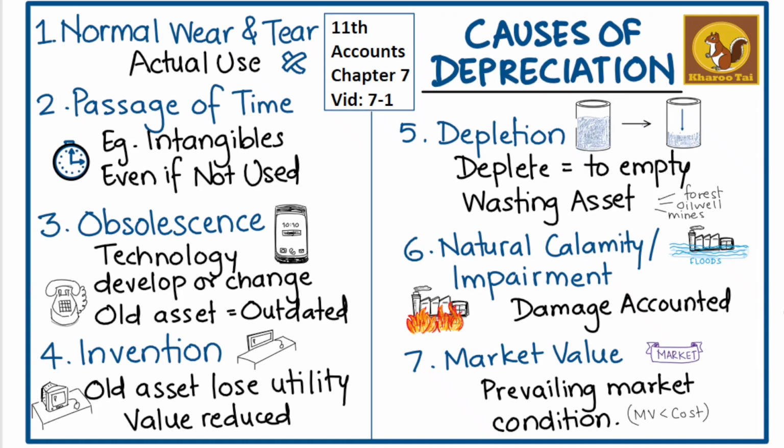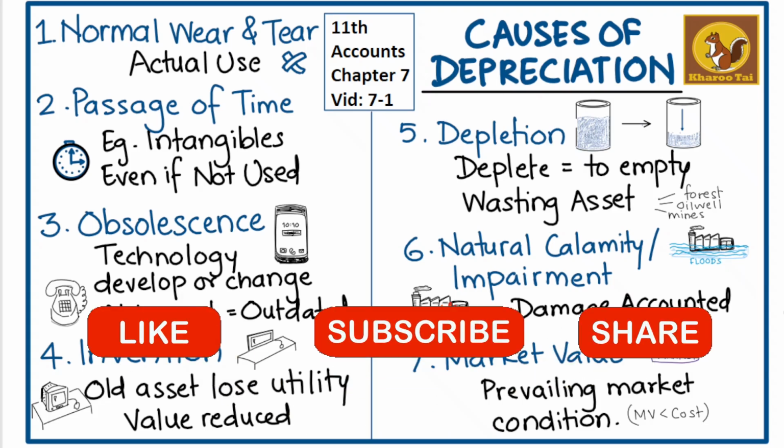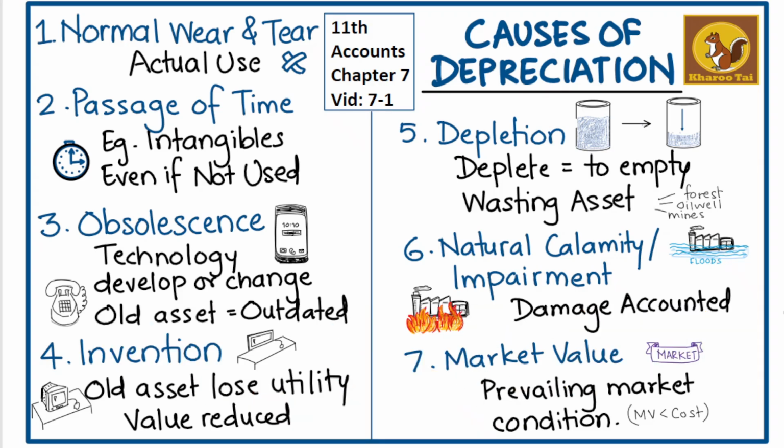So to summarize causes of depreciation, in the sense of what are the reasons where the value of fixed assets gets reduced. The first reason is normal wear and tear, that is actual use of asset. Then is passage of time, as the time passes. For example, for intangibles, as the time passes, the value gets reduced. Even if the asset is not used, we have to charge the depreciation.